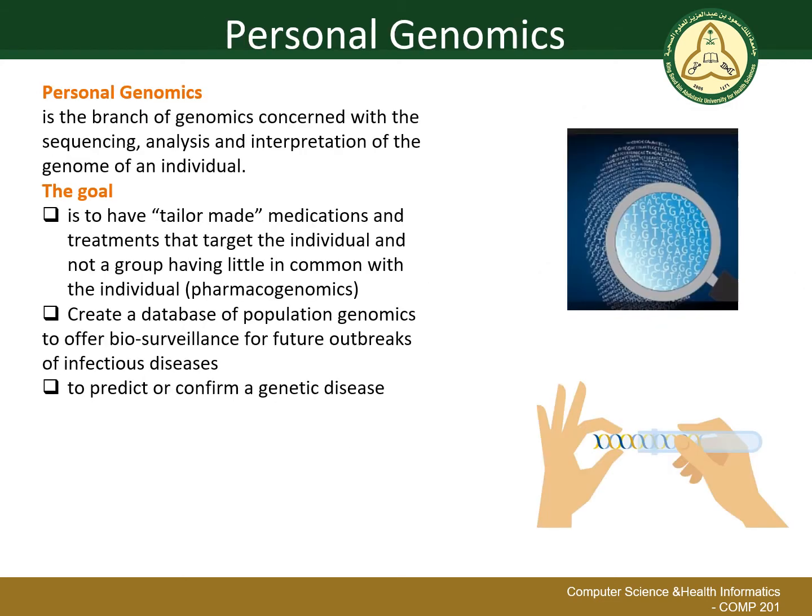Personal genomics is a branch of genomics which is concerned with the sequencing, analysis, and interpretation of the genome of an individual. The goal of this branch is to have tailor-made medications, اللي هو personalized medication, and treatment that will target the individual and not a group having little in common with the individual, which is the personal medication from the pharmacogenomics field.